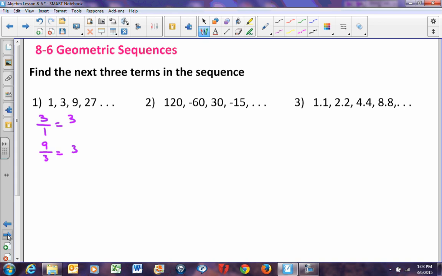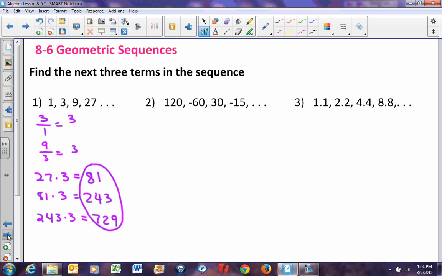So 27 times 3 is 81. 81 times 3 is where if you get one wrong, you're going to be in trouble because you mess up the rest of them. 243. And 243 times 3 is 729. So there's the next three terms in our sequence, 81, 243, and 729.